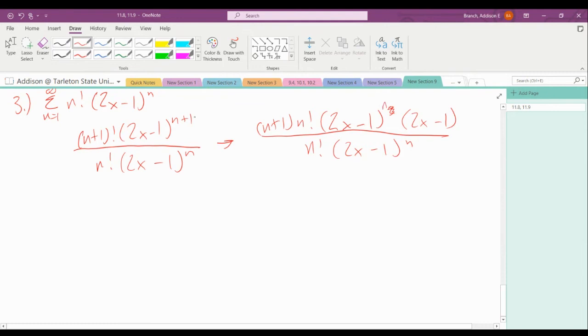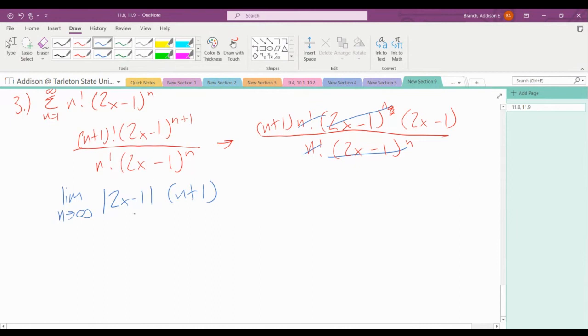That's an n, I don't know why I wrote a 2 there. All right, go ahead and cancel out. So now we are left with our limit as n approaches infinity, we can put our absolute value around our 2x minus 1 and times our n plus 1.